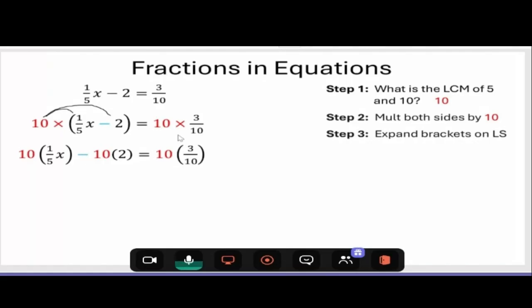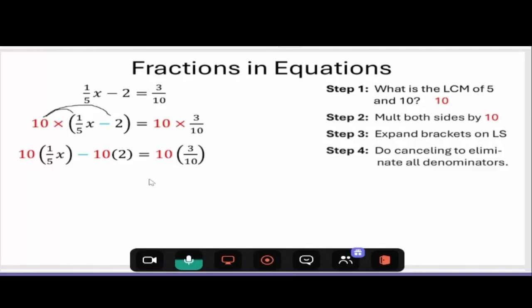And over on the right, like I said, we just have 10 times 3/10. There's no bracket to multiply through. There's step 3, right? Just expand the brackets. Don't think about what you did before. Don't think about what you might have to do next. Just expand those brackets.